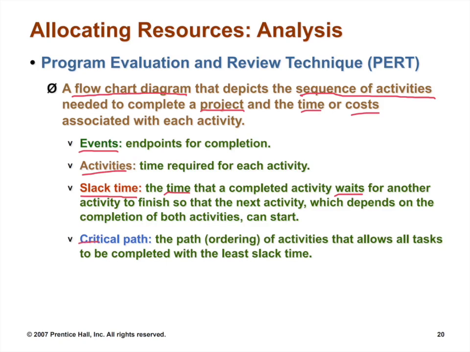And then the critical path. The critical path is the ordering of activities that allows all tasks to be completed with the least slack time. That is the critical path.